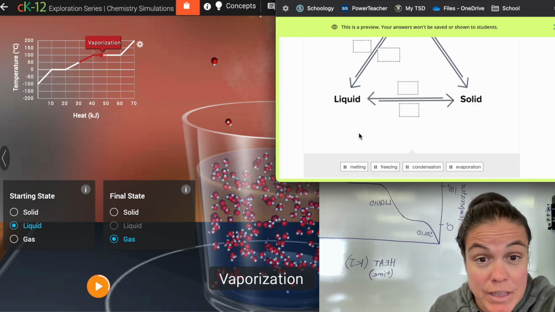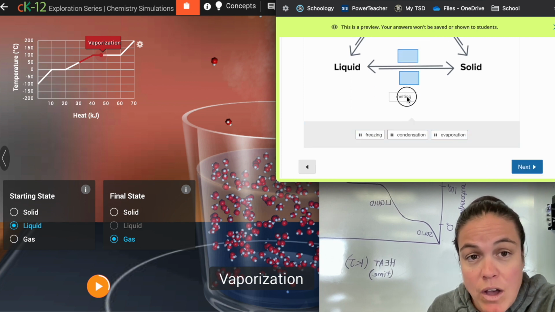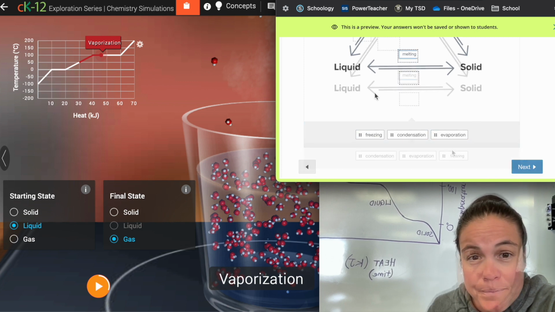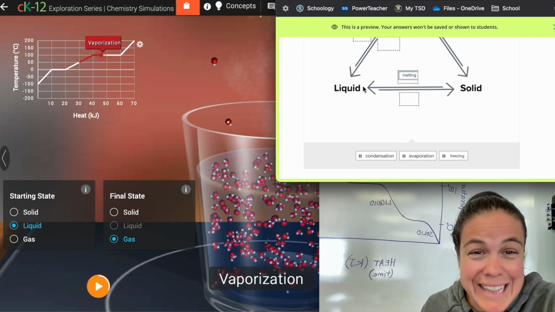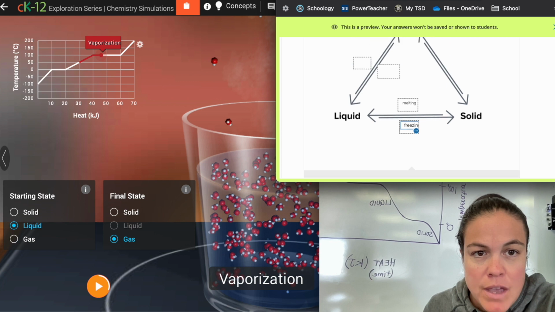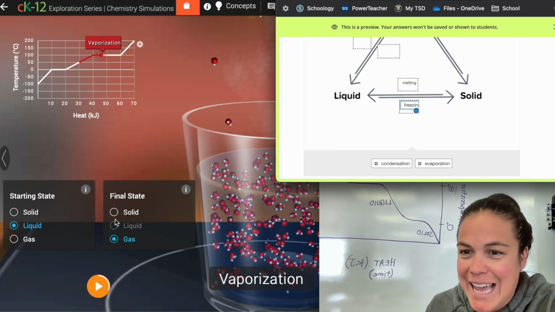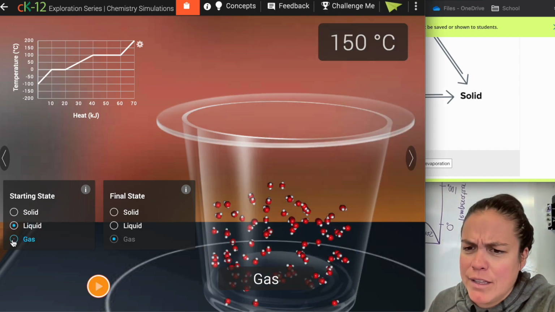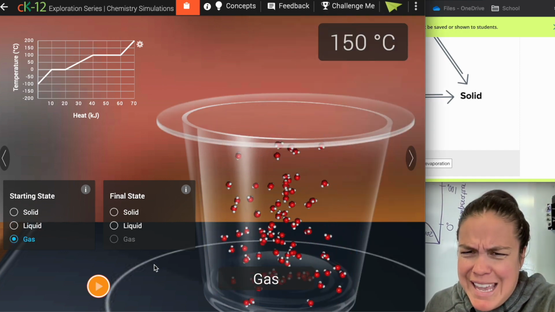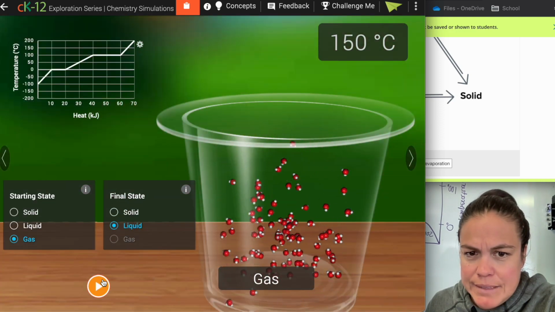I know from the simulation that when a solid turns into a liquid, that's this arrow, we call that melting. When a liquid turns into a solid, we call that freezing. So now what we're left with is evaporation and condensation. So let's take a look here and see if we have a gas and we want to go to a liquid.